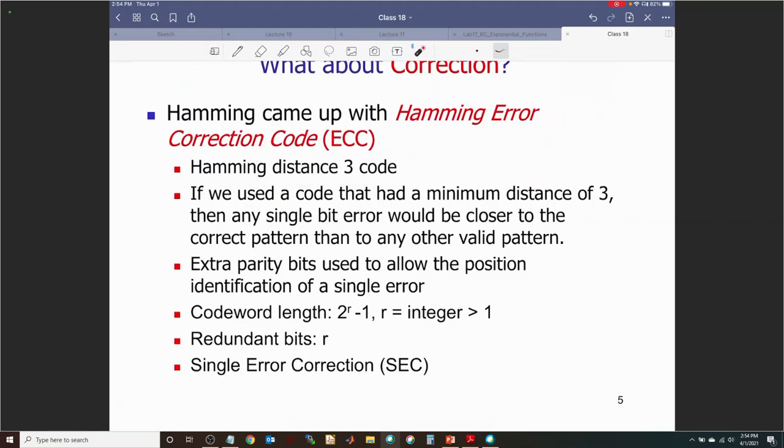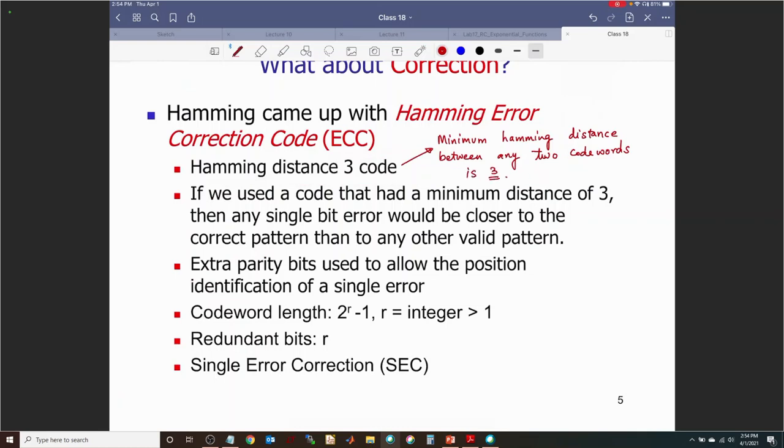So let me just write that down. This means the minimum Hamming distance, that is the number of locations in which things are different, between any two code words is 3.